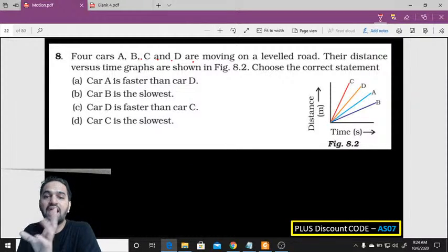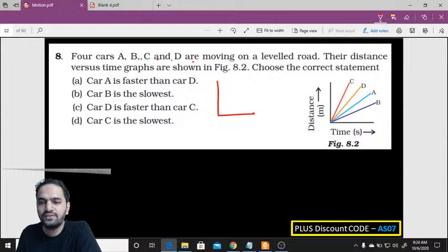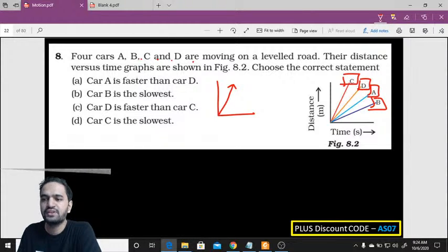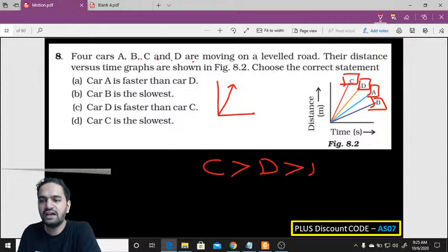I have already told you the trick. In a graph, whichever line is nearer to the y-axis will carry the highest value. So the velocity of C is more than D, than A, than B.